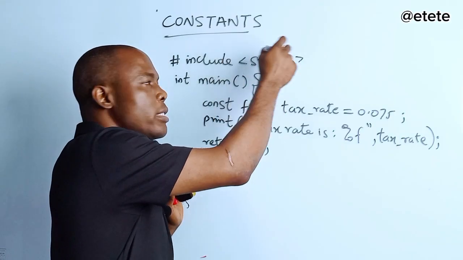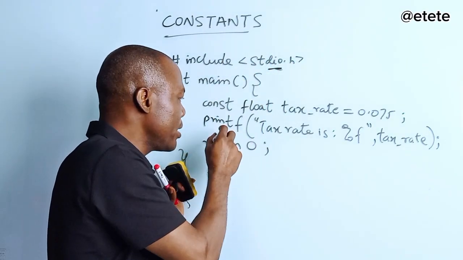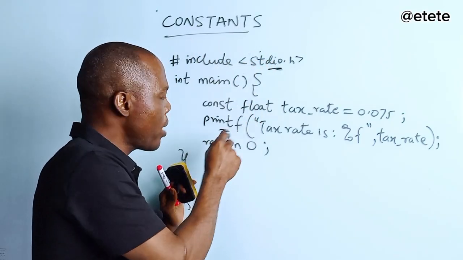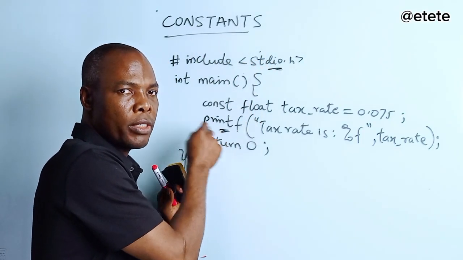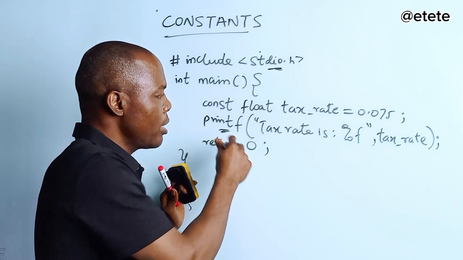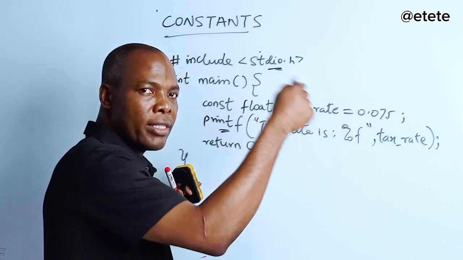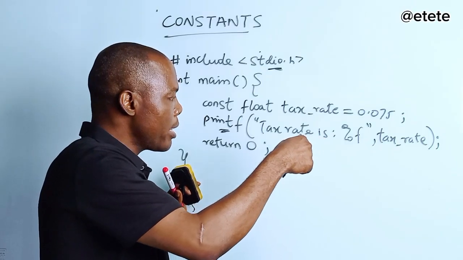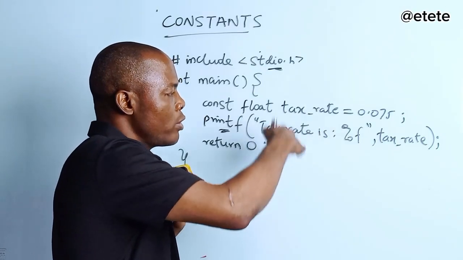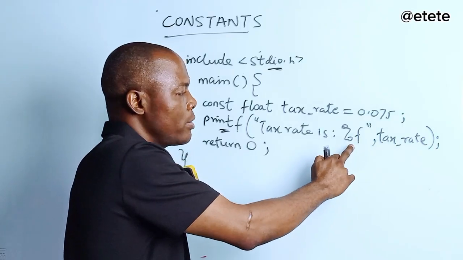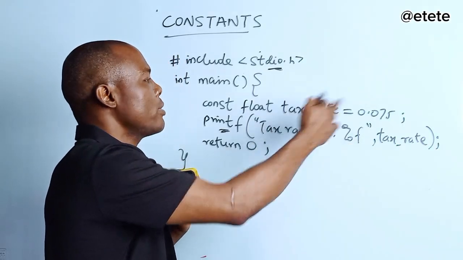That is why I'm always putting this in my program, because I need the definition of this. If I didn't do this, the compiler will not know the meaning of this printf. So this printf will now put this value inside the path for it to be displayed on the screen, and then it will take this value, interpret it from this memory, and print it out on the screen.